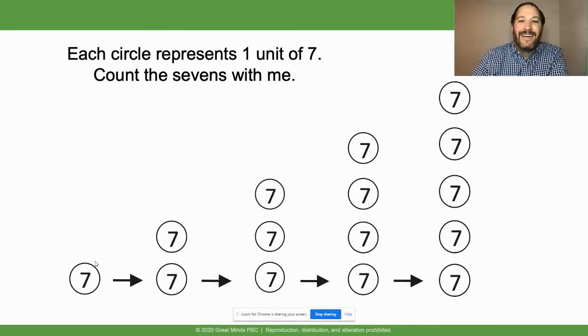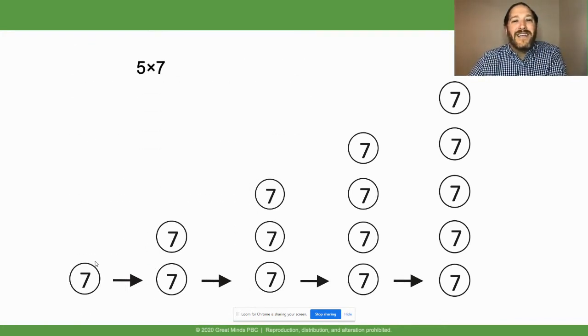I think I heard 5 times 7. Now use commutativity to name a related fact. That's right, 7 times 5. And what do 5 7s, 5 times 7, and 7 times 5 all equal to? You got it, 35.